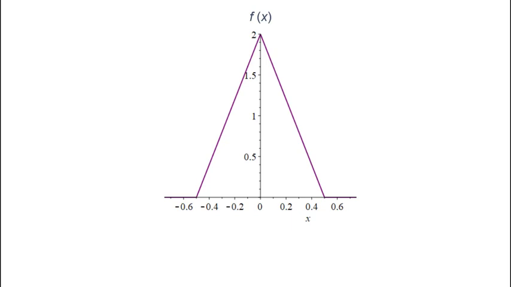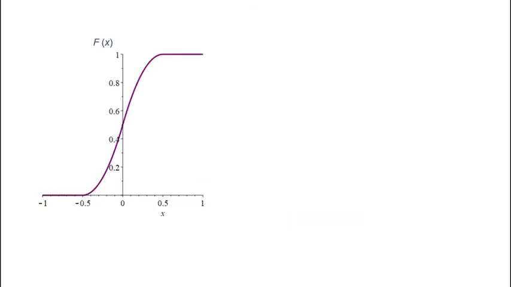The first step is to establish the cumulative distribution function. As we had seen in a previous video, the cumulative distribution function associated with the probability density function here looks like this. We then determine the inverse of the cumulative distribution function, at least over that part of its domain where it passes the horizontal line test.